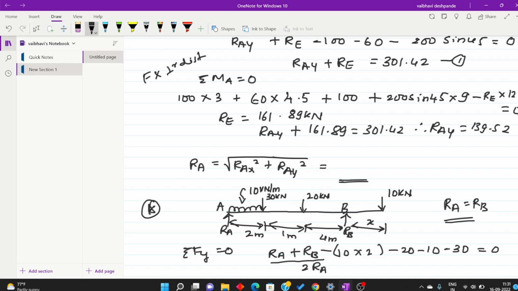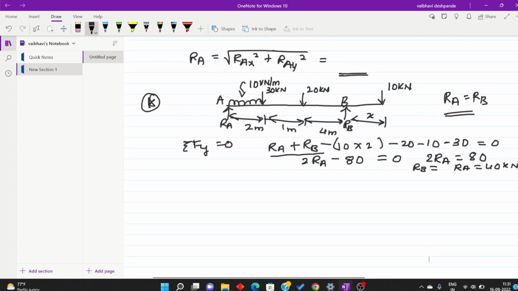Substituting RA equal to RB, 2 times RA will be equal to minus 20 plus 20, 40, 50, 60, 70, 80. So 2RA equal to 80. It means RA equal to 40 kilonewton and RB is also equal to 40 kilonewton. RA equal to RB equal to 40 kilonewton we got.